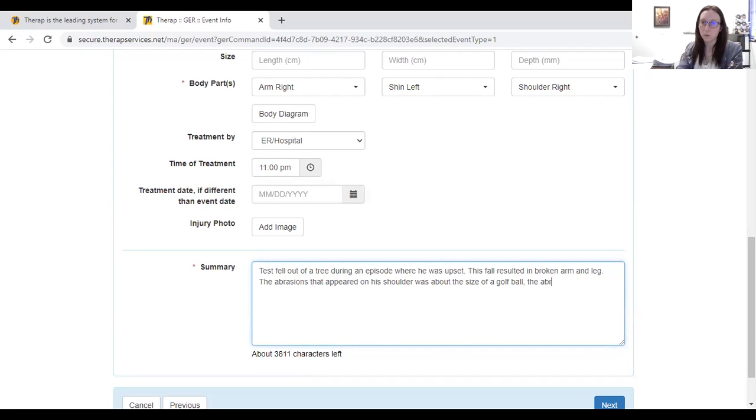The abrasion on his arm was the size of 2 tennis balls. And the abrasion on his leg was visible all the way up the bottom of his leg. Okay.